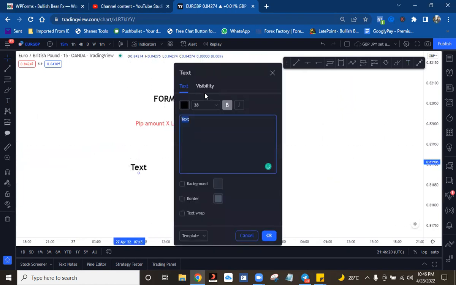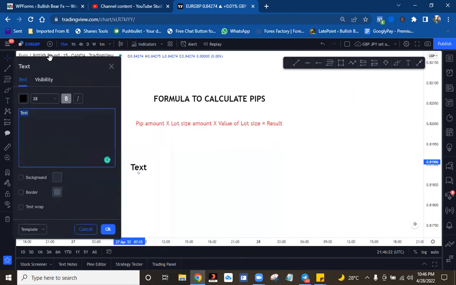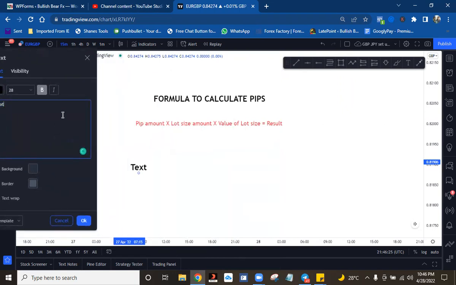For instance here, let's say I took a trade on a standard lot size. Okay, I took a trade on a standard lot size.